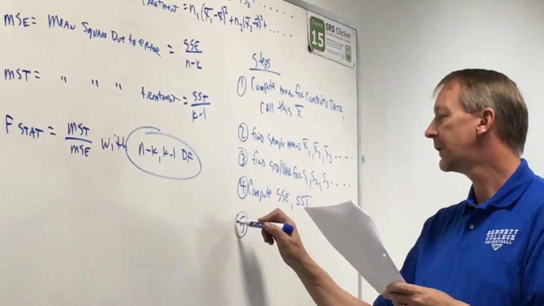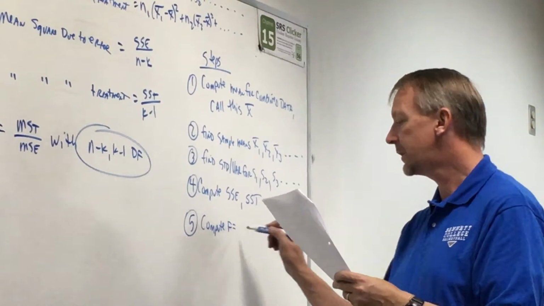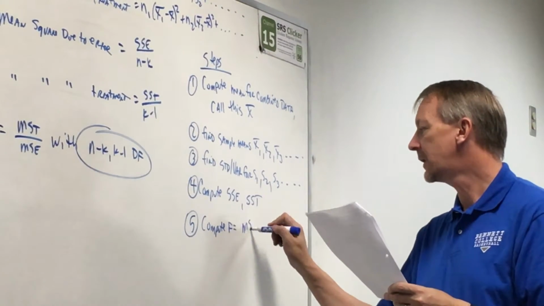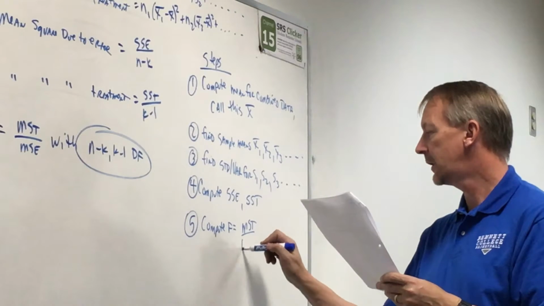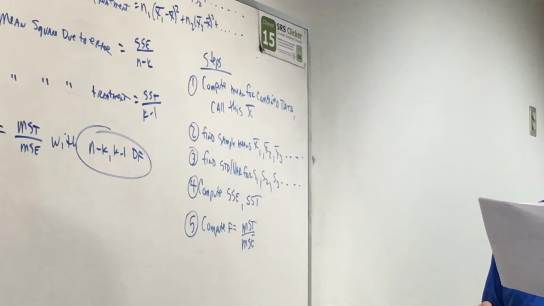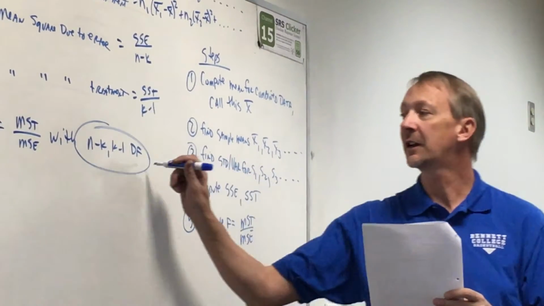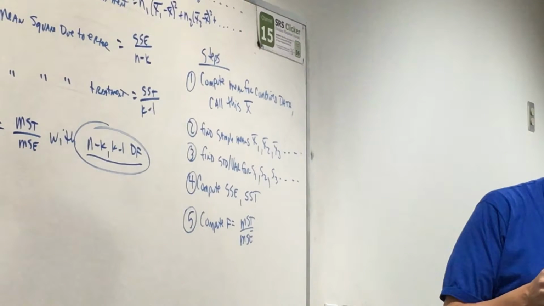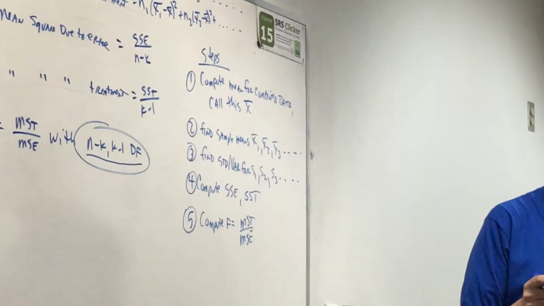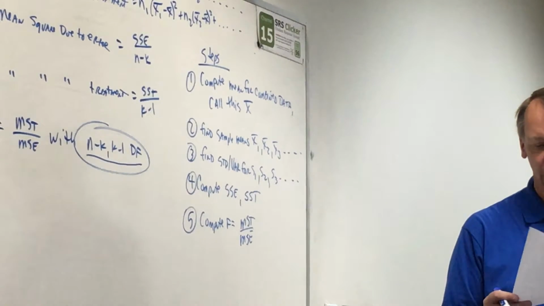Step 5, you're going to compute your F, which equals the MST divided by the MSE. Once again, I just want to caution you, I think that's correct, but I'm not 100% certain. I need to double check that.